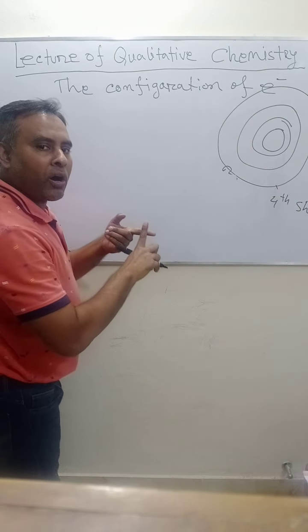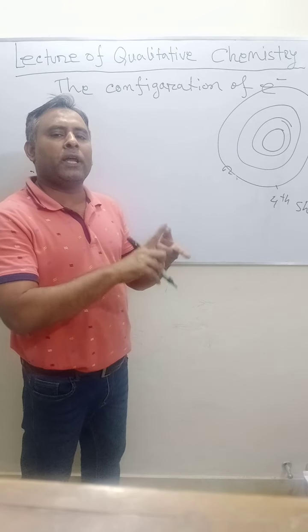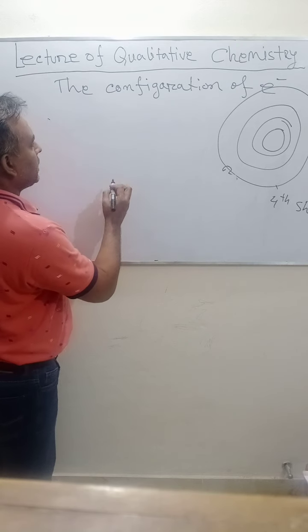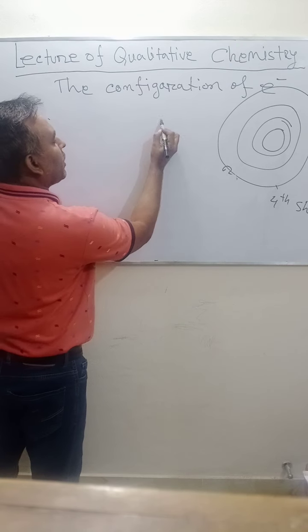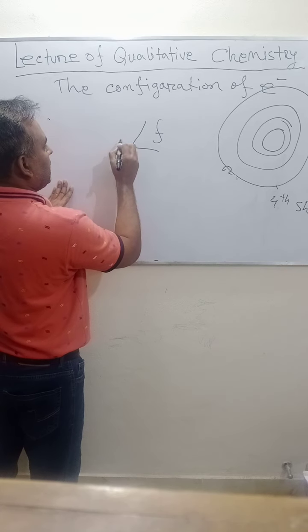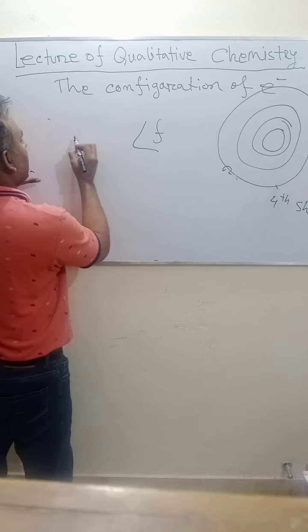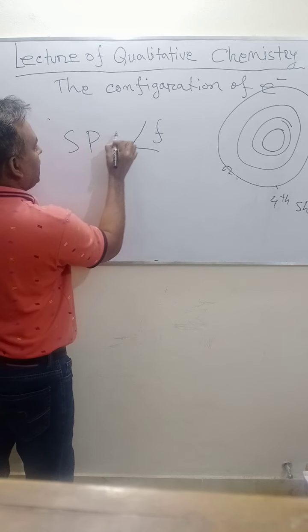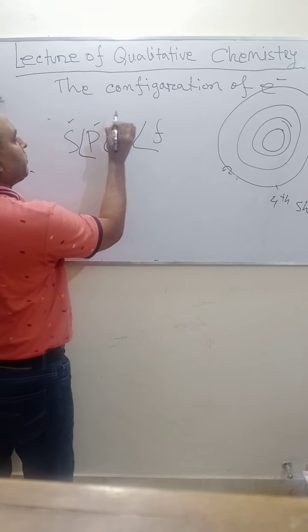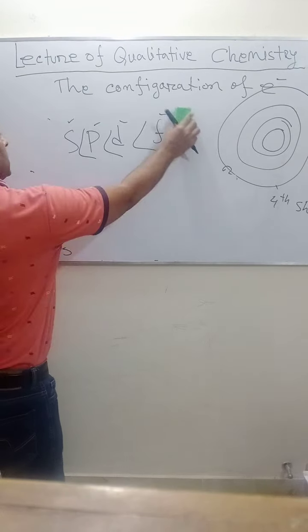The entrance of electrons is followed according to the energy level of the subshell: first S, then P, then D, then F. Okay, clear.